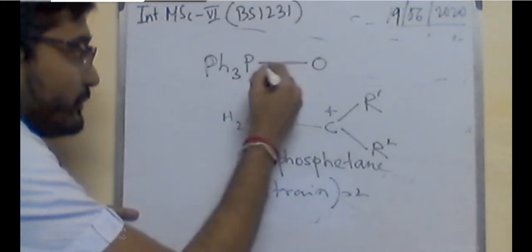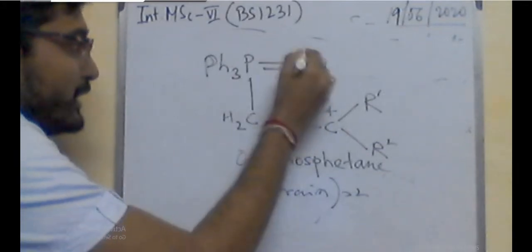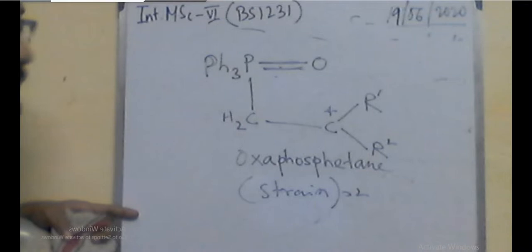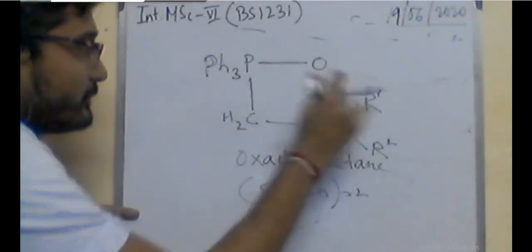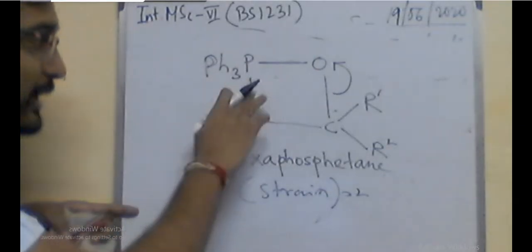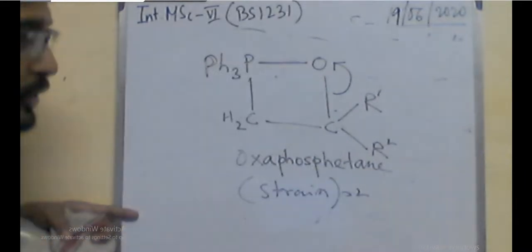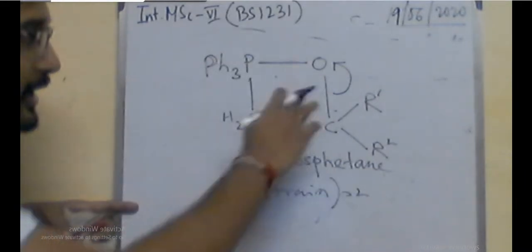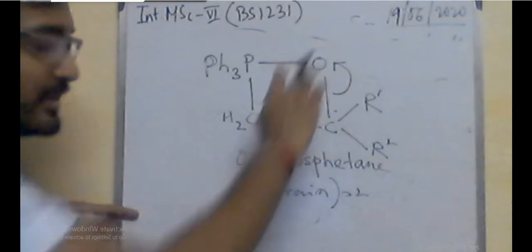Or you can write it this way. Say if I break this ring in a stepwise manner, this is not actually stepwise, this is a concerted way where this bond and this bond are broken simultaneously. But for your understanding I am showing it this way, as it is an electronegative atom, so this bond will be broken and it will generate plus minus.